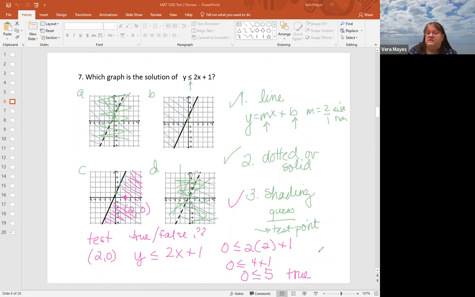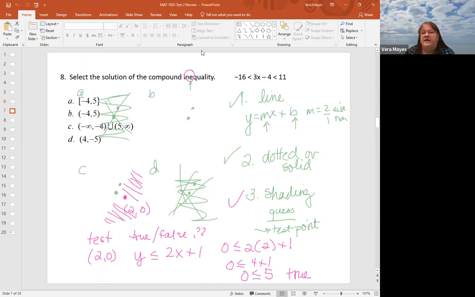You'll get a bunch of choices, and as soon as I look at this and say, oh, it's solid, I can go ahead and eliminate the ones that have dotted lines, and I've already increased my chance of getting the question right. All right, there were a lot of steps to this, 3 steps, and each one is just as important as the other. So any questions? Anything you don't understand? Okay, I'm taking you at your word.